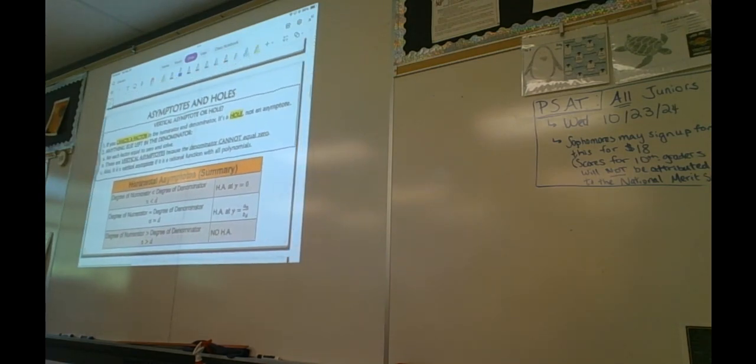All right, so here's some rules for asymptotes and holes in graphs. These are the things you want to fill in your blanks. If you cancel a factor in the numerator and denominator, it's a hole, okay? If you cancel a factor, that creates a hole, meaning it looks like there should be a value there, but there's not.